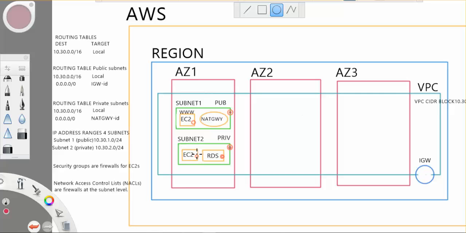And for instance, the security group of this RDS here very likely may only accept traffic from, for instance, the web server. They need to accept traffic from the web server in this particular case.